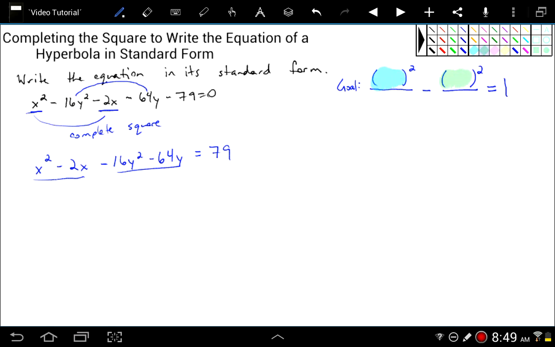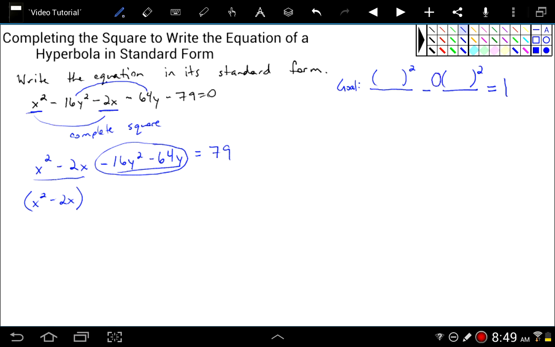Okay? So the way to do that is perhaps let's think about using parentheses. So let's make x squared minus 2x. We'll isolate those in their own set of parentheses. And with the y's here, I need to separate this negative 16 from the y's because whenever I do get my goal over here, I never have a number in the front of the squared part.